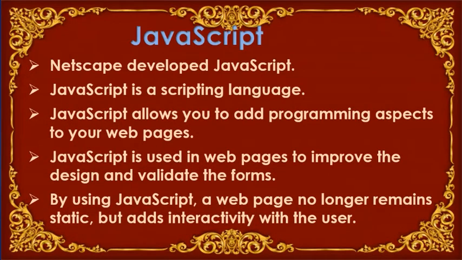JavaScript allows you to add programming aspects to your web pages. JavaScript is used in web pages to improve the design and validate the forms. By using JavaScript, a web page no longer remains static but adds interactivity with the user.